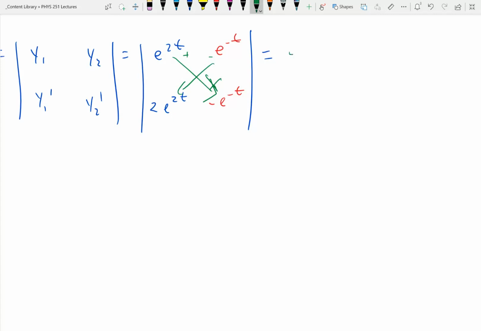So that's going to be minus e to the, no, it's e to the 2t times e to the minus t. You add the exponents, so it's just e to the 1t. And then this one here is 2 e to the t.